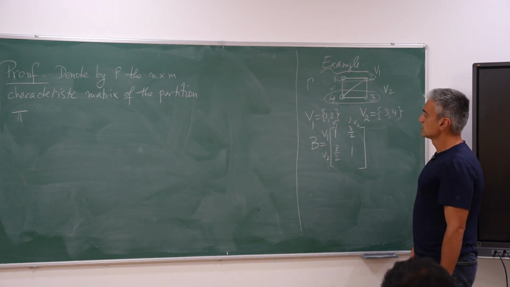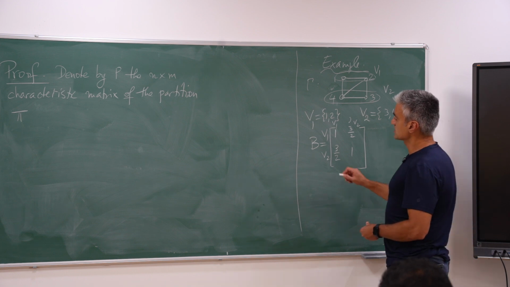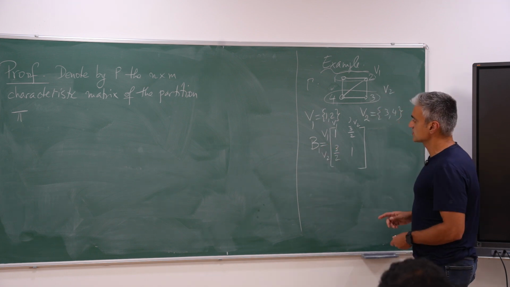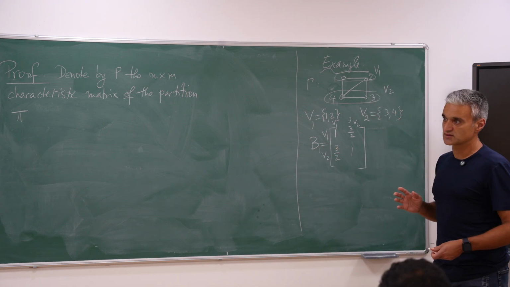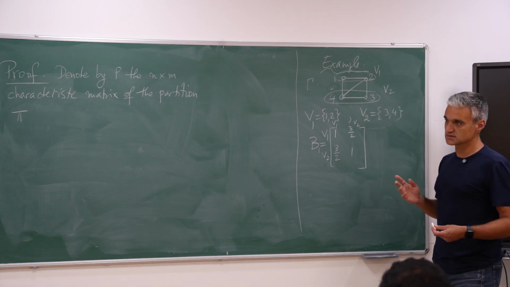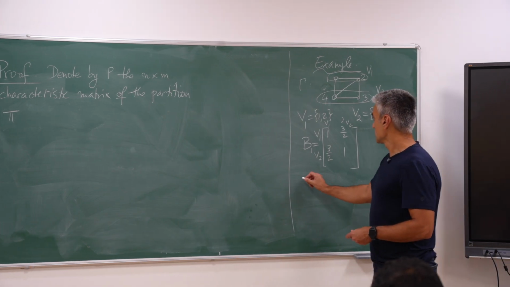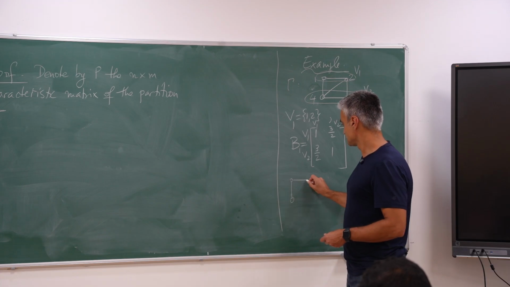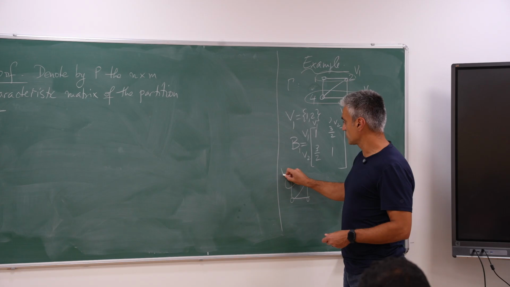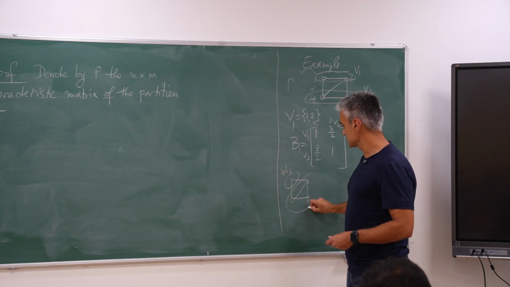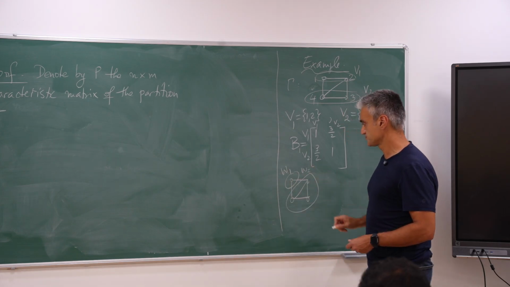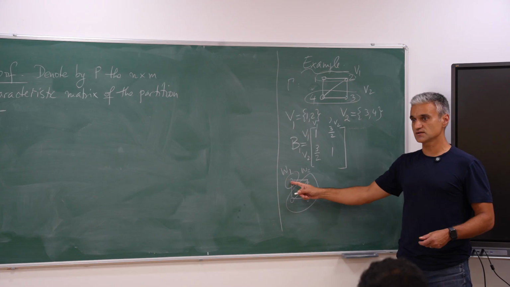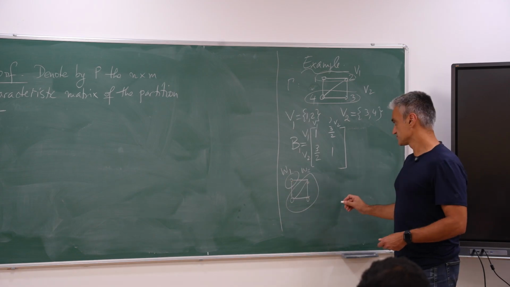Let me give you one more example. This is B1 with this partition. Let me give you an example to convince you that it doesn't have to be symmetric. Let's take the same graph, but now call the parts W1 and W2, with just one vertex in W1 and three vertices in W2.